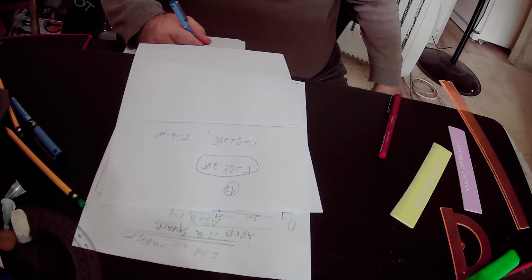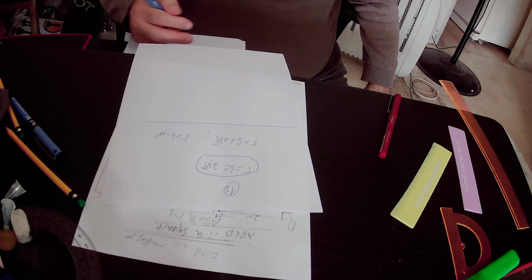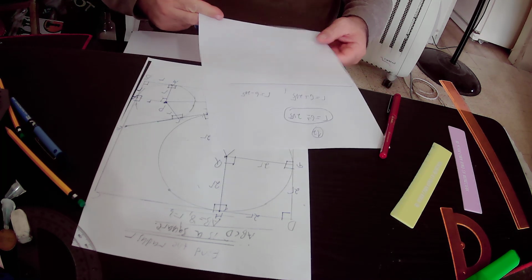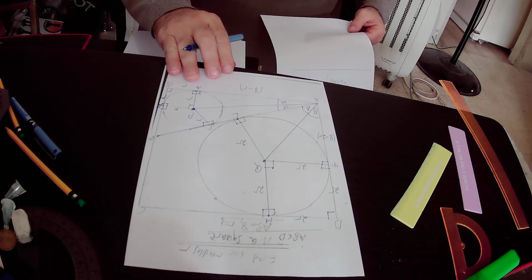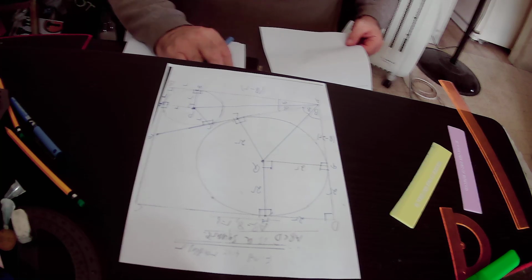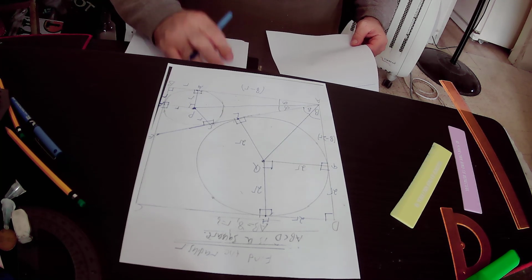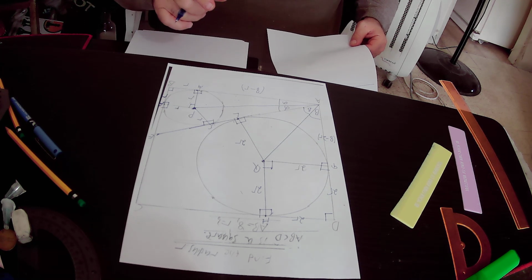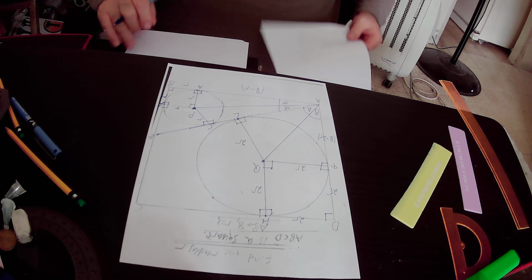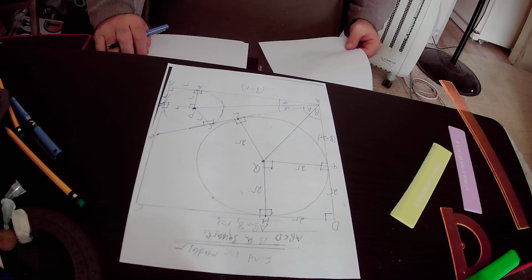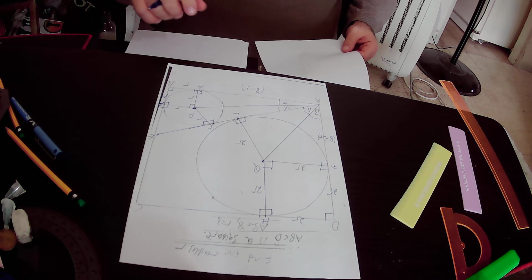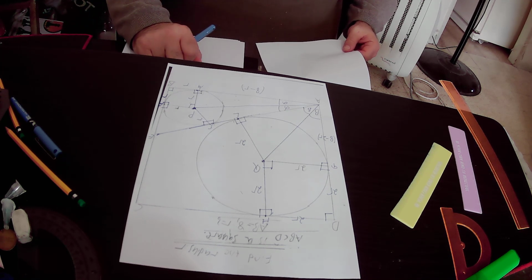But we also know that one side of square ABCD equals 8 units, and the small circle is inside the square. And because of the fact that one side of the square equals 8 units, the radius of the small circle must be smaller than 8.